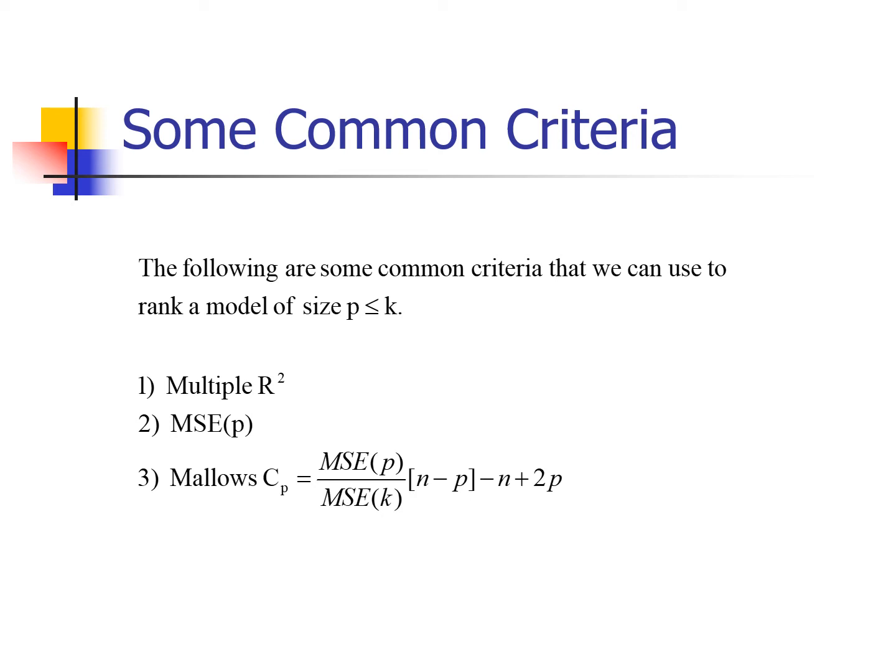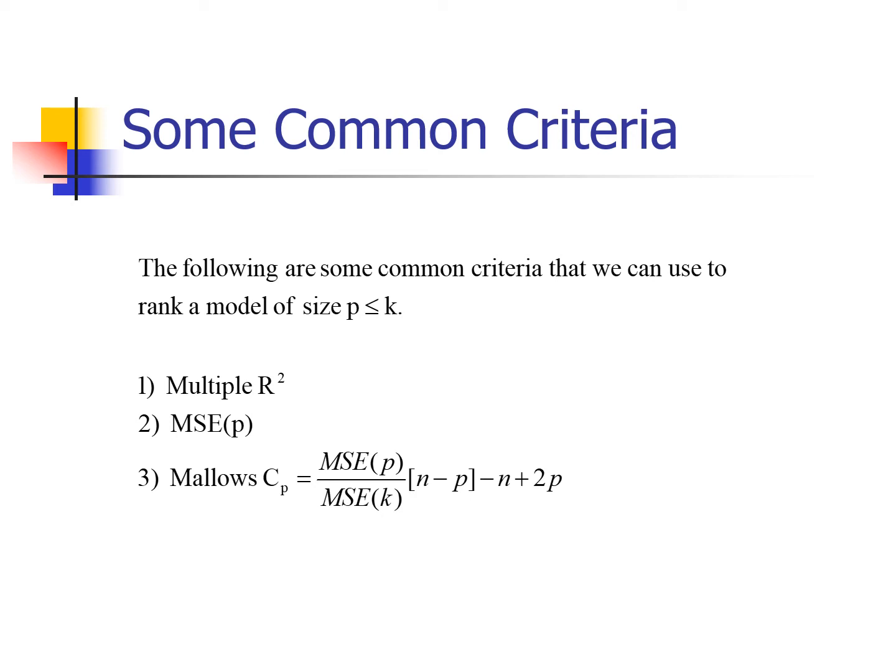In this example, k is the number of variables in our maximum model, so maybe that's like 10. And p is a model of some size that has to be less than 10. So maybe we're considering a model of 8 variables. In that case, our p is 8 and our k is 10.